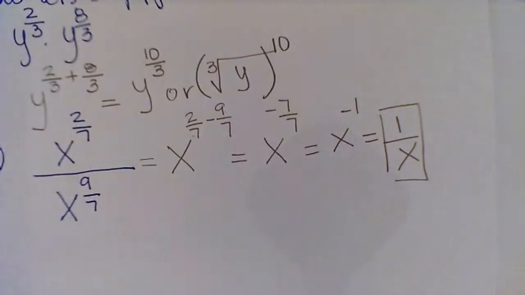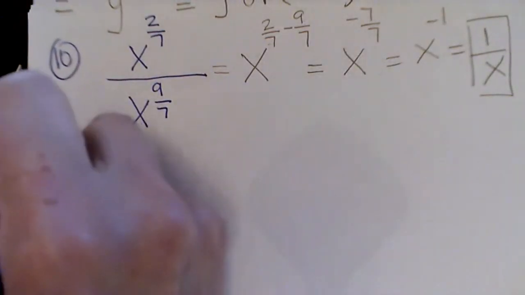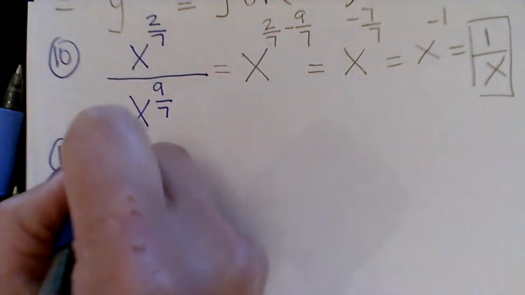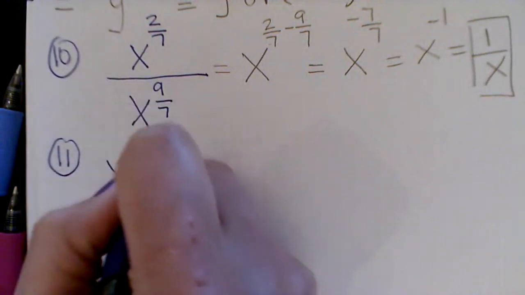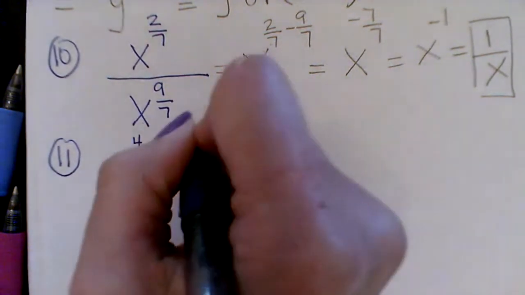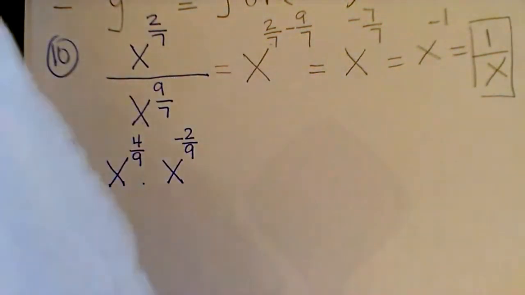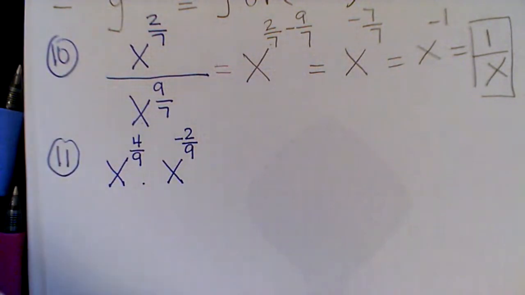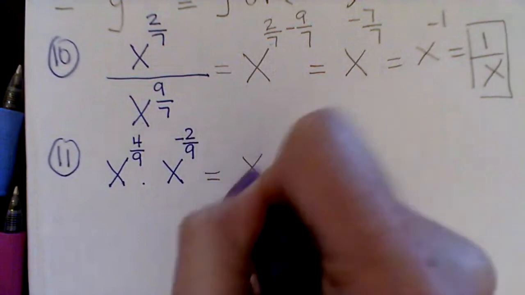Now, I have a couple more exercises. 11. We have x to the 4 over 9 times x to the negative 2 over 9. Okay. So we have the same base.